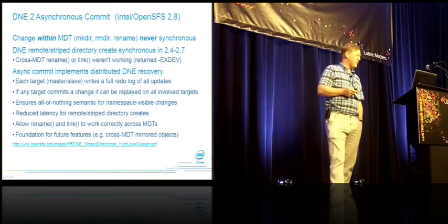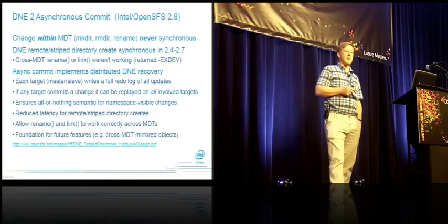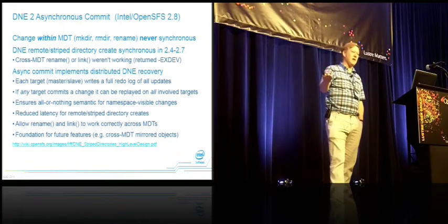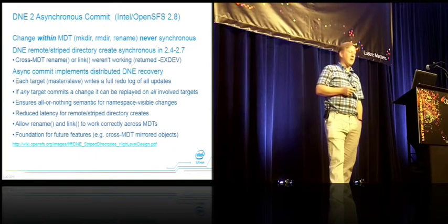transaction behavior. And the asynchronous commit, as you can tell by the name, avoids doing a synchronous commit on both sides of the operation, as happens today in 2.4 to 2.7, where you have to do a sync on the master MDT and a sync on any remote MDTs, and so that makes remote or stripe directory creation more expensive than it needs to be.